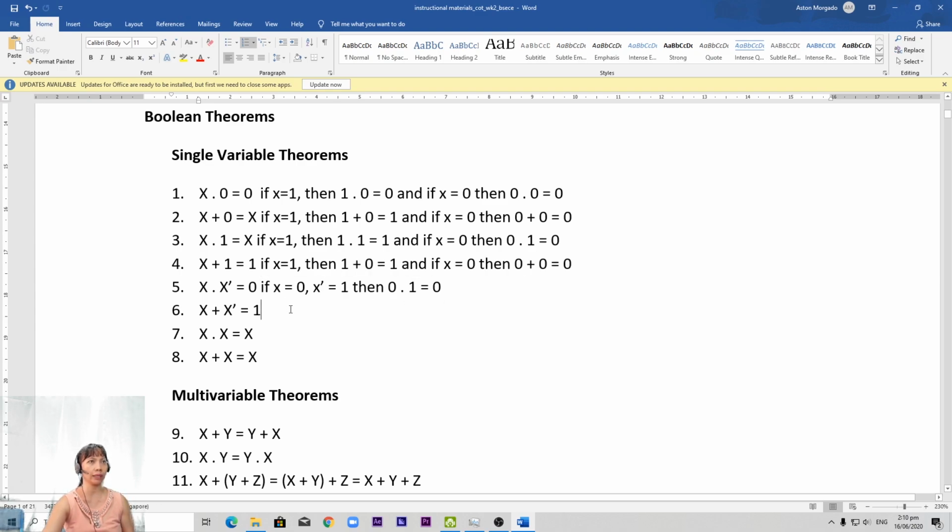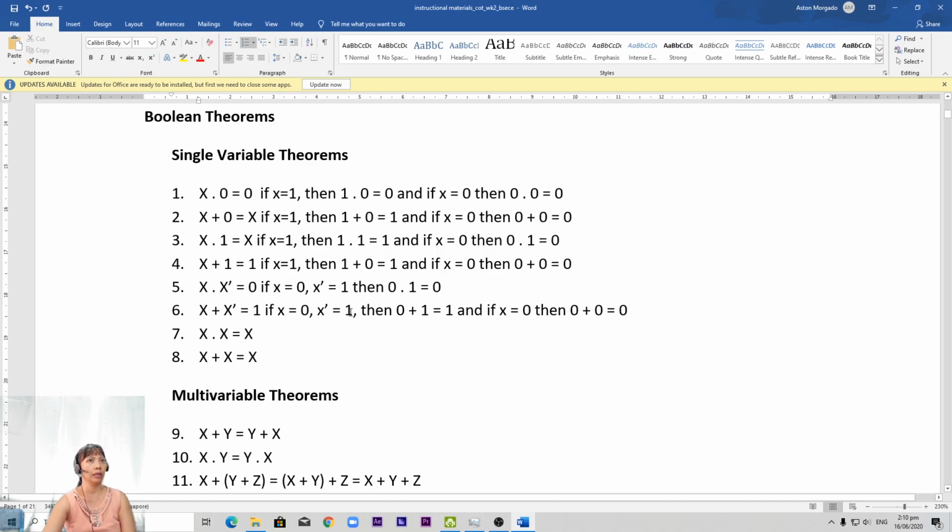Next, we have x plus x prime is equal to 1. So if x is 0, then x prime is equal to 1, then 0 plus 1 would still be equal to 1.